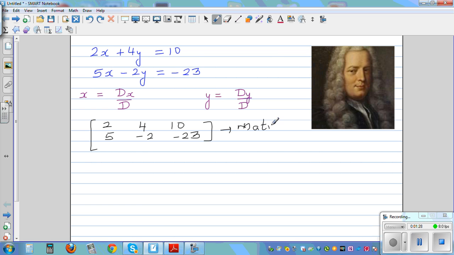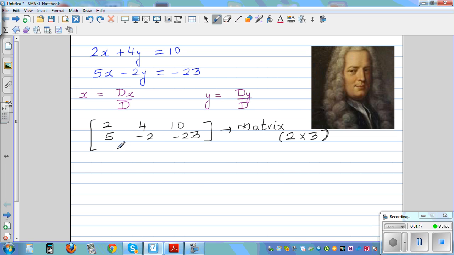By convention, when you're writing a matrix, you count how many rows and how many columns. You've got 2 rows and 3 columns. So this is how you write a matrix of 2 by 3.